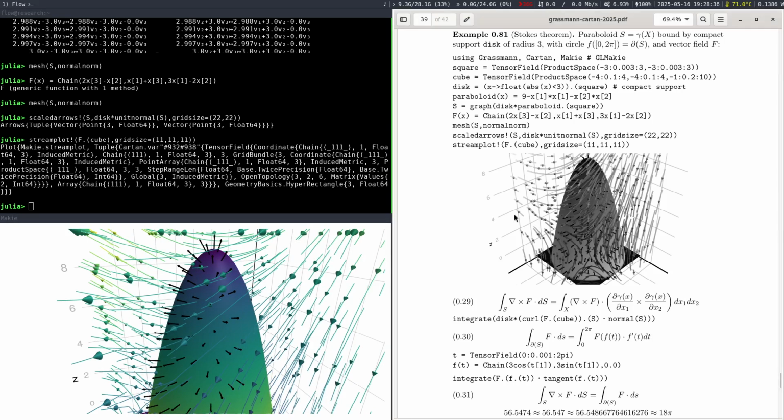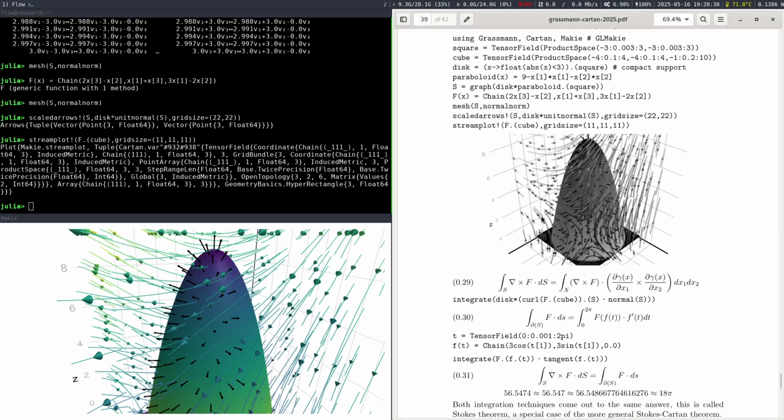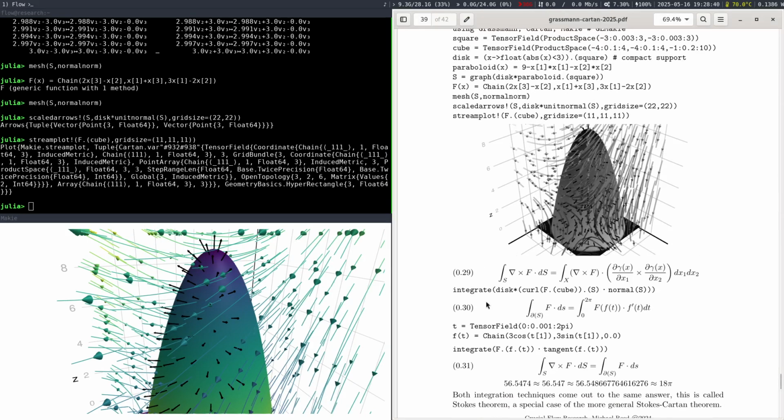And now what we want to do is calculate this integral here. So this is the integral of the curl in terms of the normal. So this is a surface integral.